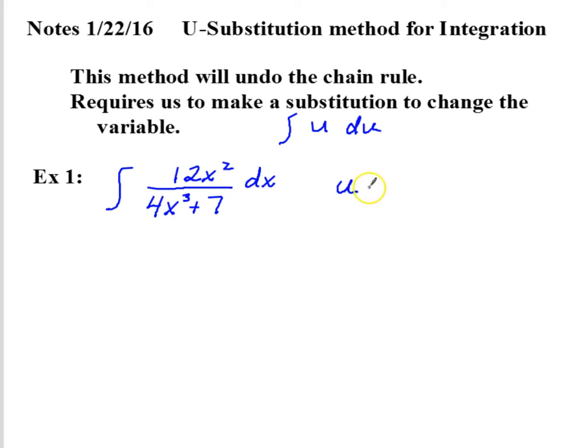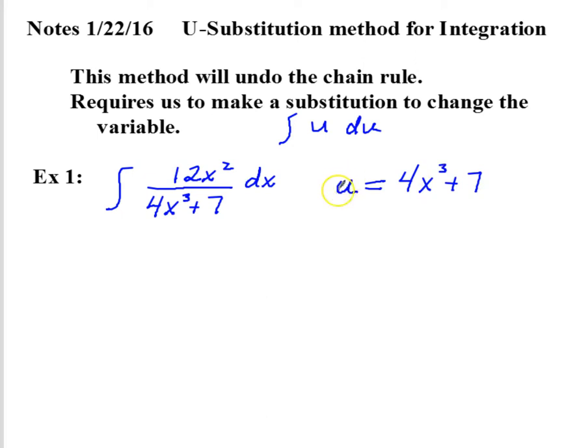Okay, so using my knowledge and my prior understanding of the method, I know that my best choice for u in this case is 4x to the third plus 7, the entire denominator. Okay. Looking at that u, the first thing I want to do is take the derivative of it.